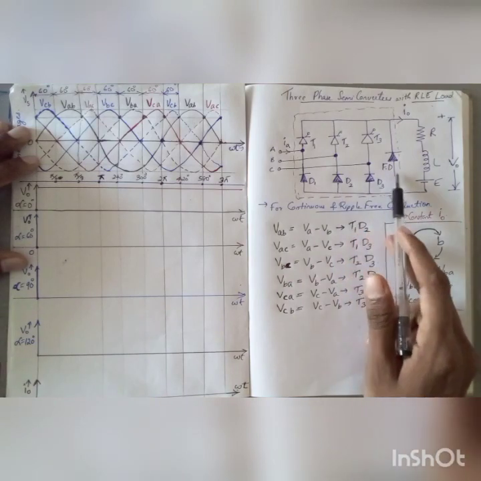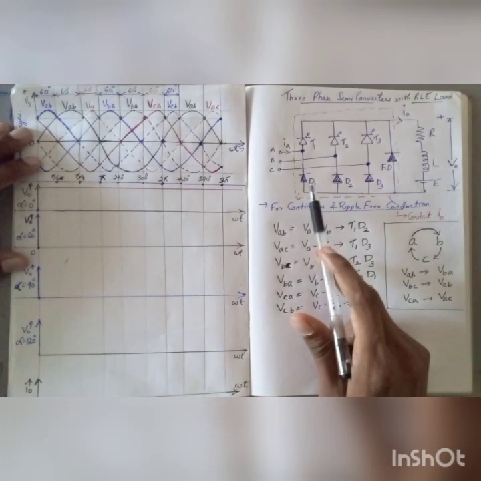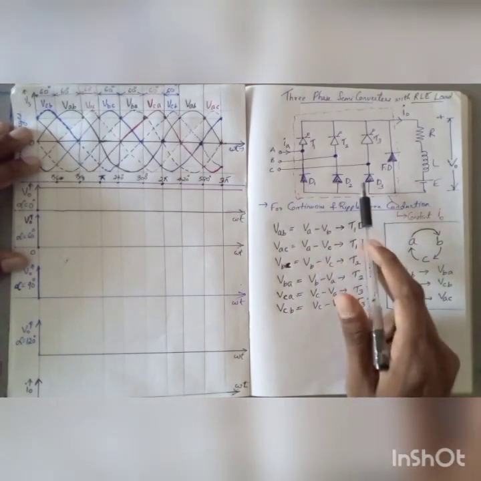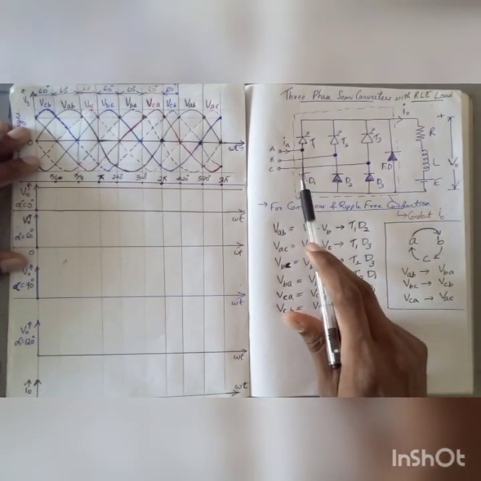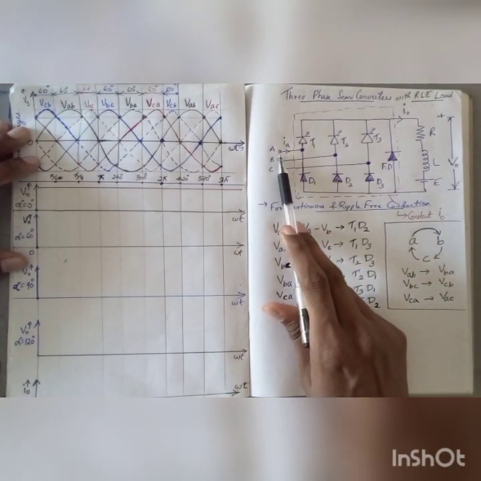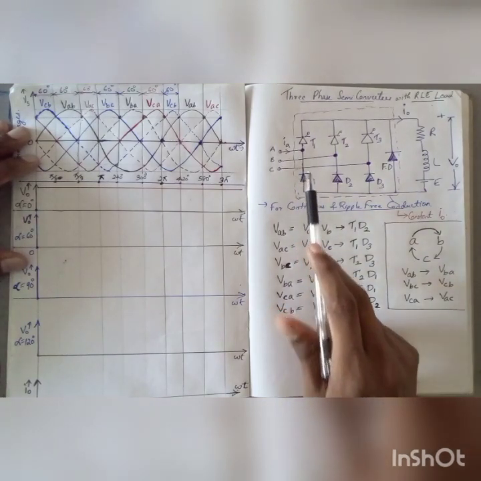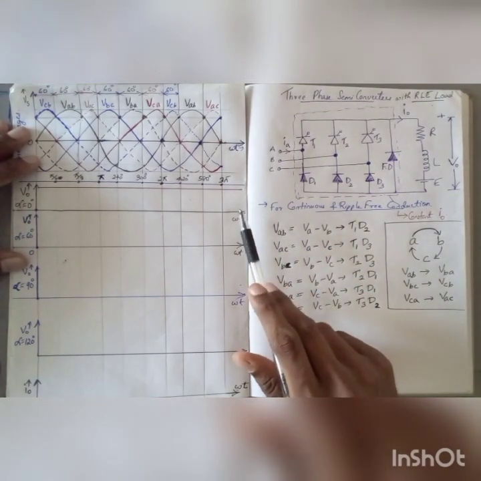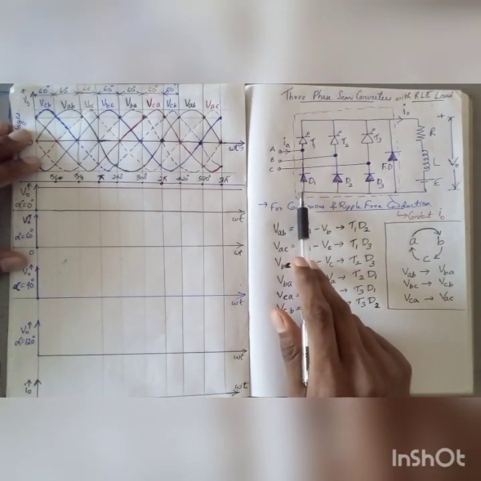Similarly, in the negative group of thyristors, in the case of three-phase full converters, the anodes are short circuited and the cathodes are connected to each phase. So during the negative half cycle of each phase, the cathode of the thyristor in the negative group will be more negative compared to the anode.